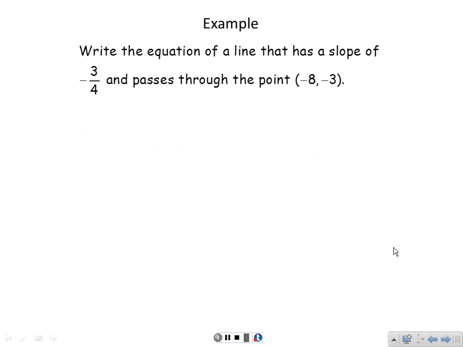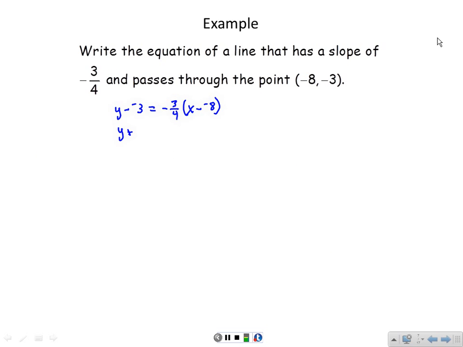Okay, write the equation of a line that has a slope of negative 3/4 and passes through the point (negative 8, negative 3). And I think I'm going to stop with slope-intercept form this time. So we'll have y minus y1, which is a negative 3. The minus, one of the minus signs comes from the formula, and the negative comes from your y1, is equal to our slope, which is negative 3/4, times x minus (the minus comes from the formula), and we actually have a negative 8 for x1.